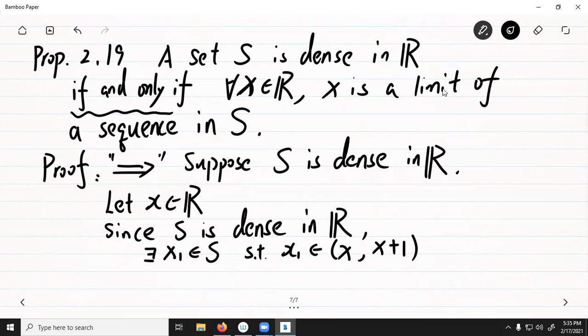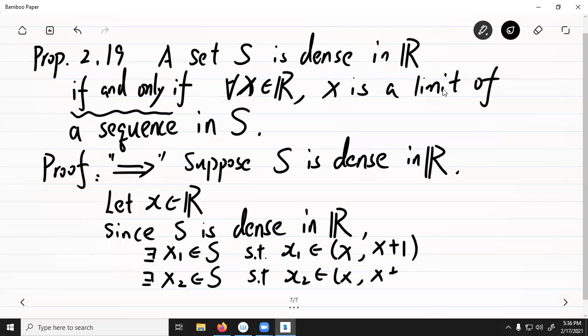What about another interval? We pick X2 in S such that X2 is in the interval X to X plus 1/2. No problem, right? X to X plus 1/2 is an interval, and since S is dense, X2 must exist.